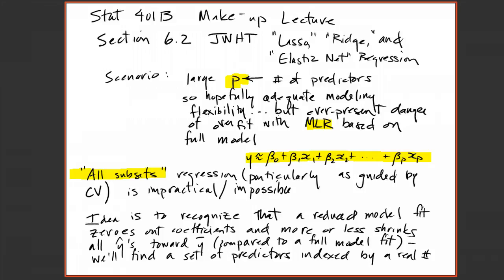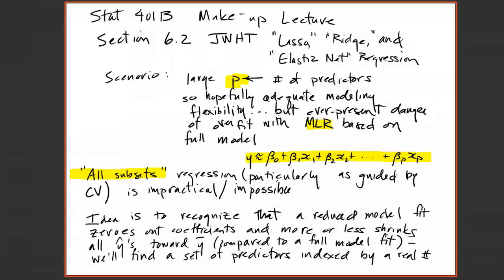If I have 1,000 predictors, I'll look around and see if I can't find 10 or 12 of them that do a good job of describing Y. And what that leads one to is the notion of looking at all possible reduced models from a full model. That is, thinking about quote-unquote all subsets regression. For large p, that's impractical. It's impossible. It's a combinatorial problem.